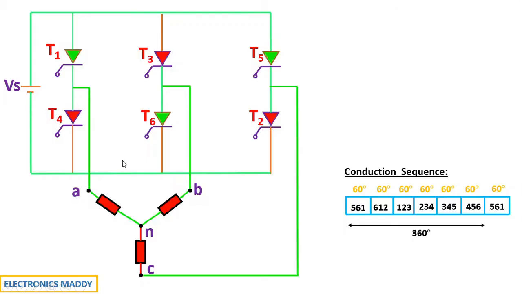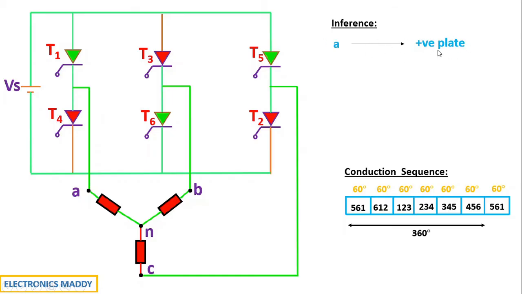One thing that you have to remember here is, how are A, B, C connected to the battery? This is very important for our analysis and we will be making a note of it. The inference is that A is connected to the positive plate because T1 is connecting over here and the current flows through this path, and that is why it is connected to the positive terminal of the battery.